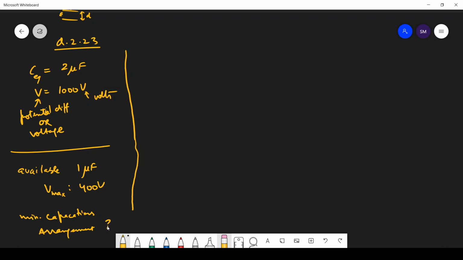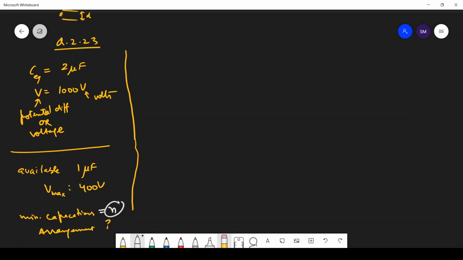Obviously there will be some capacitors in series, and some in parallel. Let the minimum number of capacitors be n. Let n be the number of capacitors.